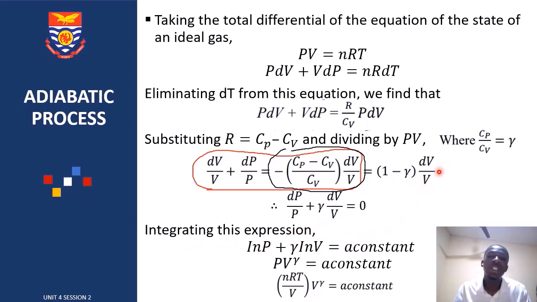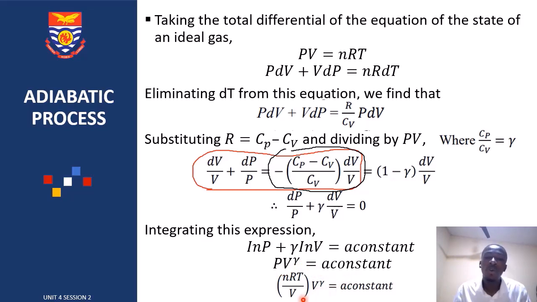So when you integrate this whole expression, we integrate it into the natural logarithm. We are going to get ln P plus gamma ln V equals a constant, which can be expressed as PV raised to the power gamma equals a constant.